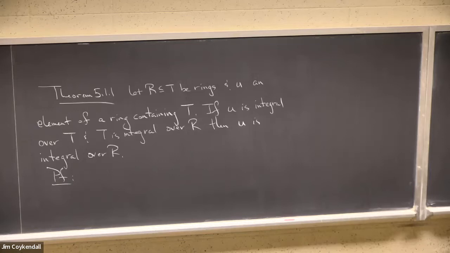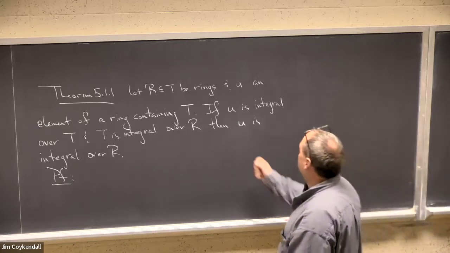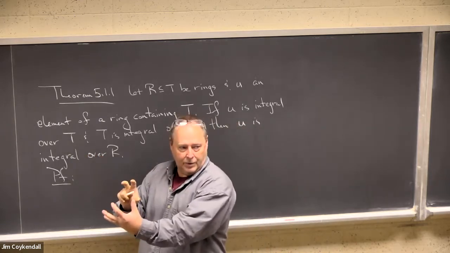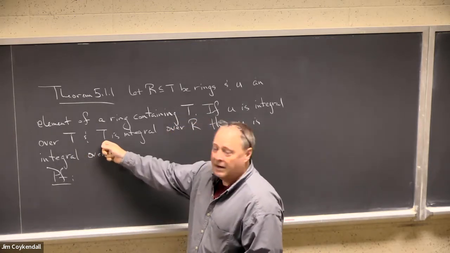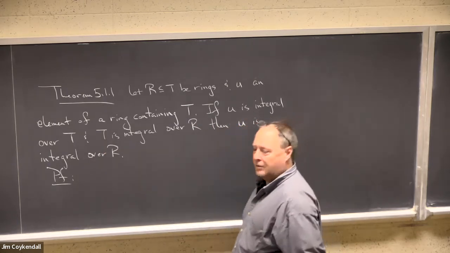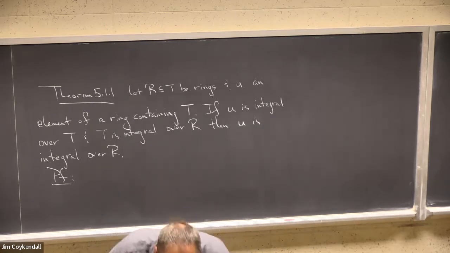This theorem says yes, right? Because U is integral over the extension I get when I join those elements to R, and that extension, since they're all integral, is integral over R, so U must be integral over R as well.